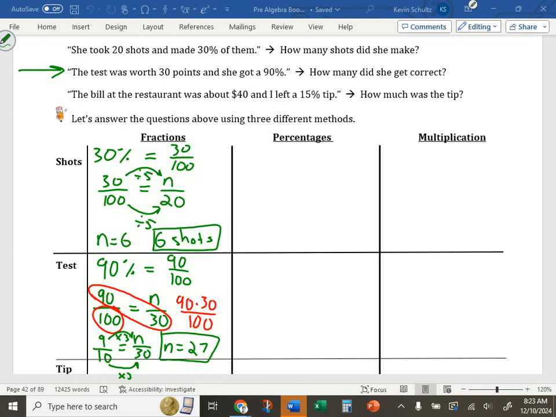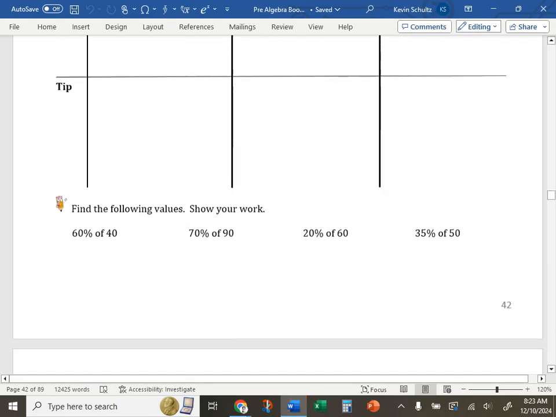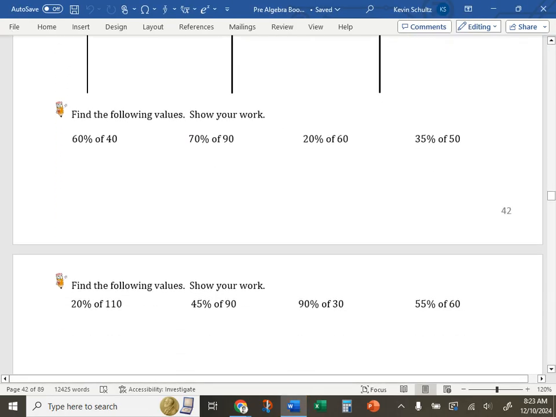Okay, just in the short time that we've got left, any questions on this fraction method? Okay. All right. I want you to practice the fraction method on one of the ones below. Let's do 60% of 40.